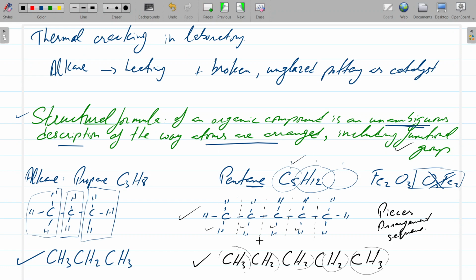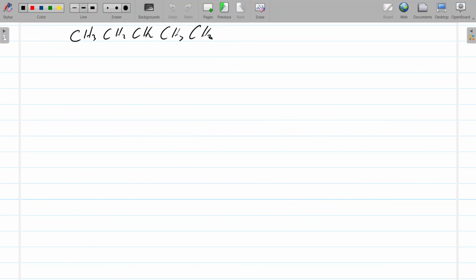So if I draw the displayed formula using the correct one, it's going to match. But if I'm going to draw the displayed formula using this one, I'm going to have CH3 and then a CH2 and then another CH3. I'm like, okay, fine, I'm done.